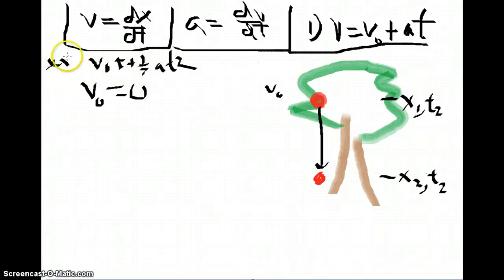Then this is 0, and half a t squared, again, gravity is our acceleration.